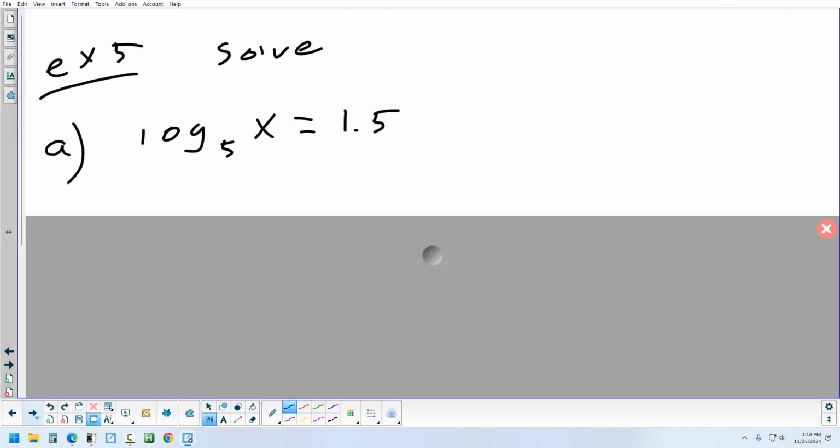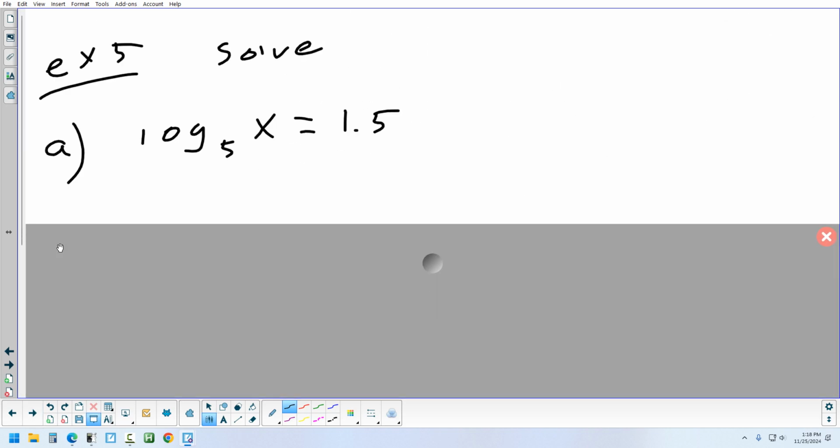All right. Let's try this one. So start by looking at your equation. What format is that one in? Log. So let's change it to exponential. What is my base? 5.